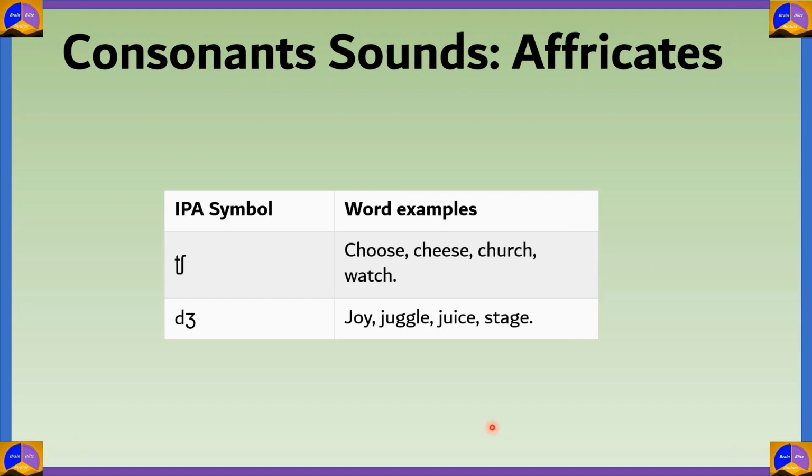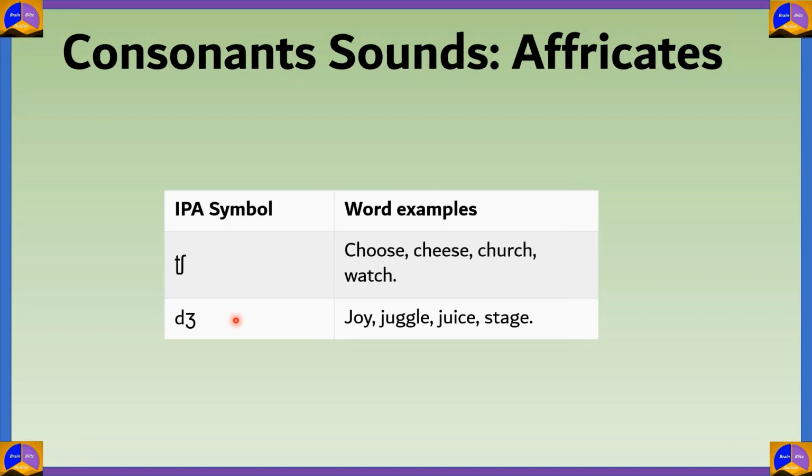Now, the first sound is usually formed when you put together C and H. Choose, cheese, etc. While the second affricate is mostly represented by the letters J or G. So words such as joy, juggle, juice, stage, etc. The first one is unvoiced, the second one is voiced.